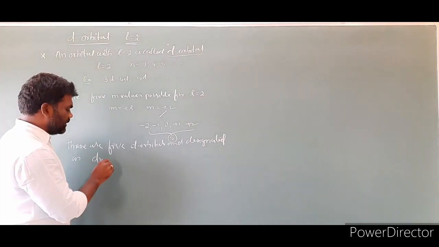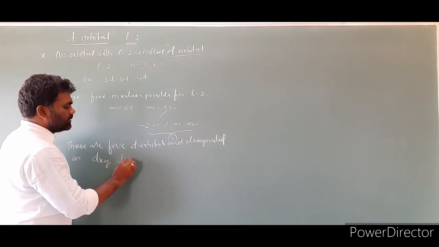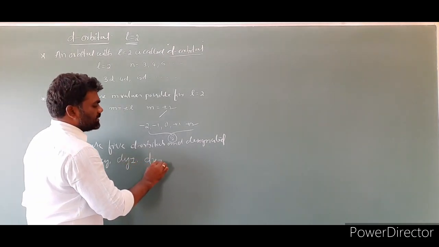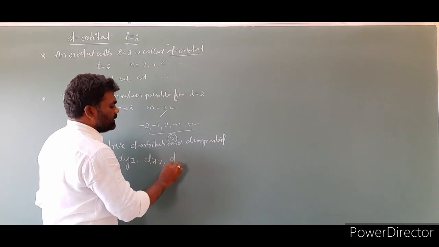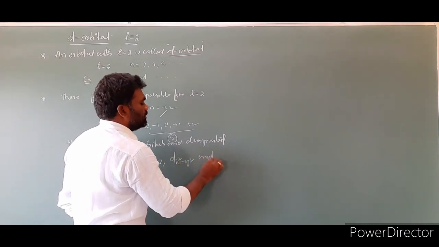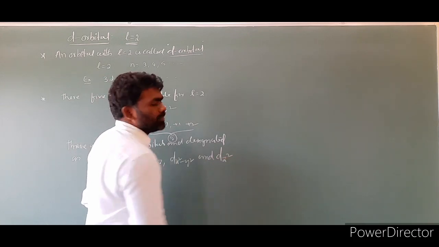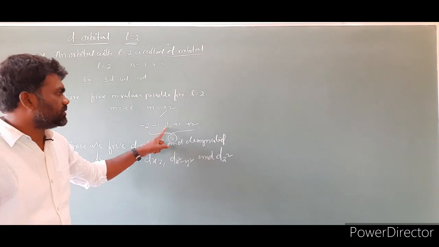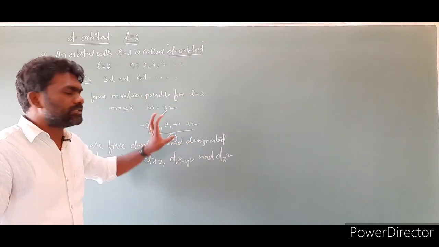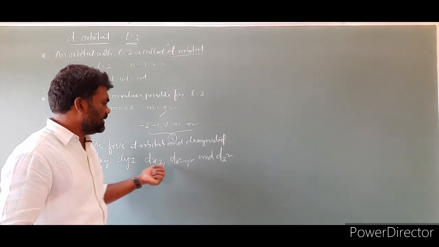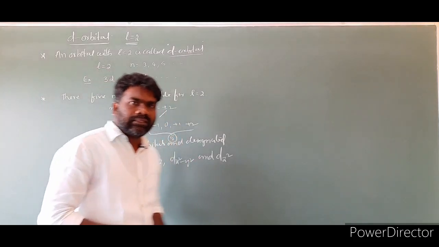Total 5 we have to take. One is dxy, the second one is dyz, third one is dxz, fourth one is dx square minus y square, and the last one is dz square. So for a given L value, there are 5 m values possible, -2, -1, 0, +1, +2. So this indicates that 5 d orbitals are possible. They are dxy, dyz, dxz, dx square minus y square, and dz square.